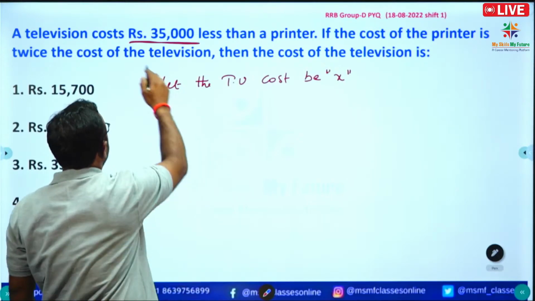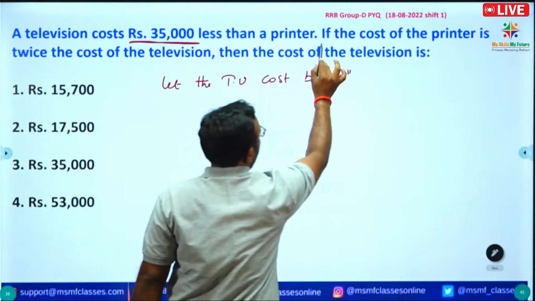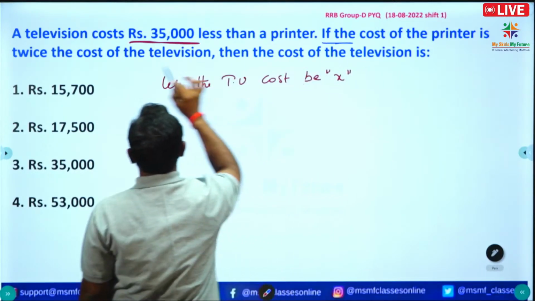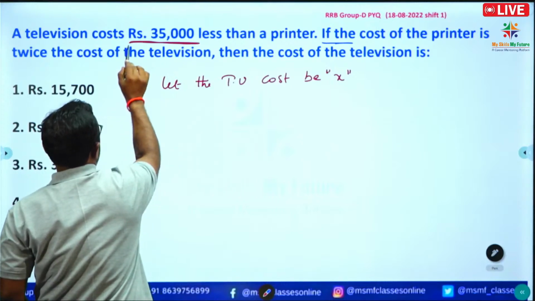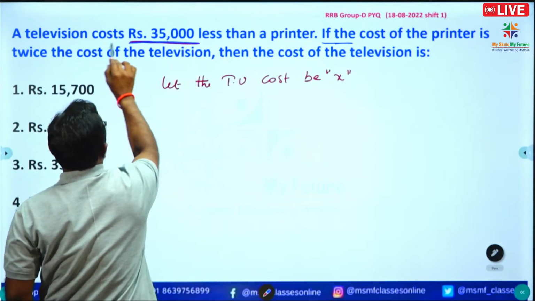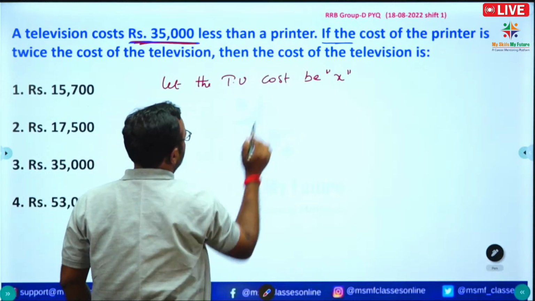Next, what is given? The television costs 35,000 less than the printer.